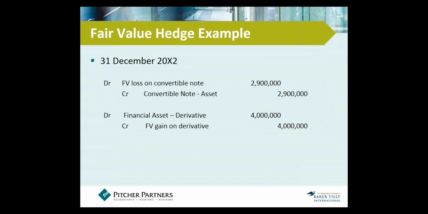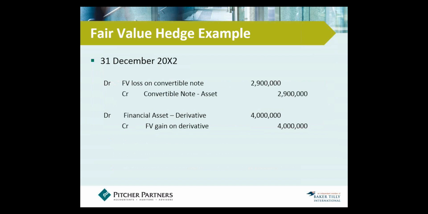So let's say by 31 December we figured out, when we do our calculation, all right, I've said you assume that it's effective, but if it was ineffective, we wouldn't need an additional journal, because the net effect of the fair value loss and the fair value gain would automatically go through profit and loss.